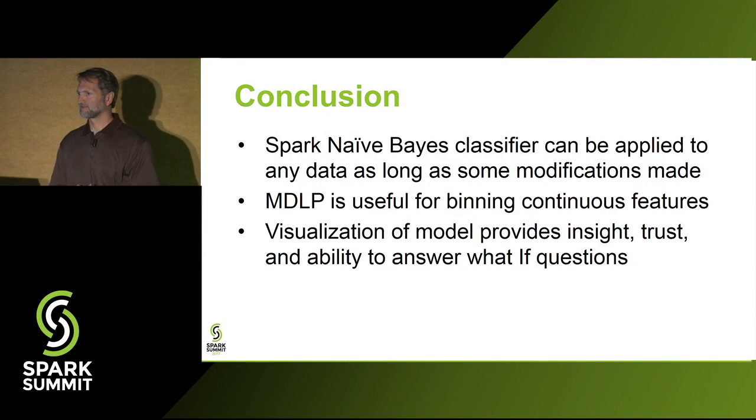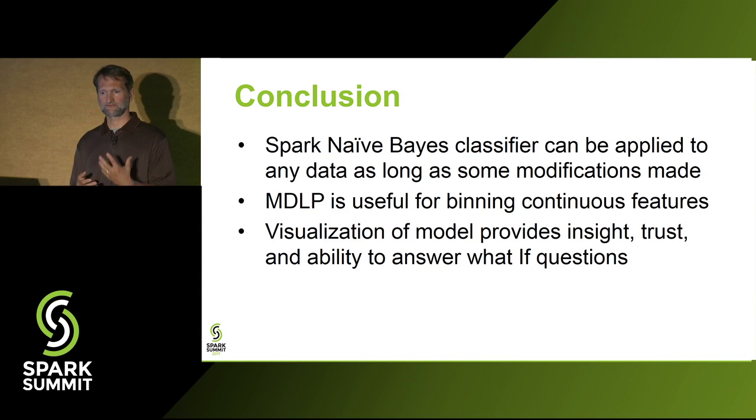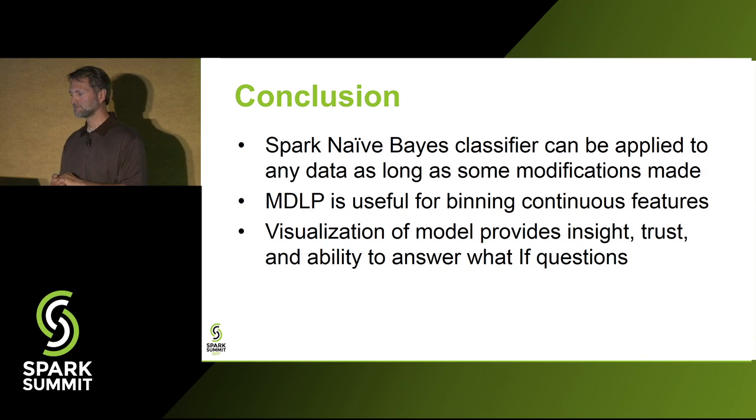So in conclusion, the Spark naive Bayes-based classifier can be applied to any sort of data as long as you make some modifications. The minimum description length principle is very useful for binning continuous attributes so that you can get the maximum amount of predictive power from them.